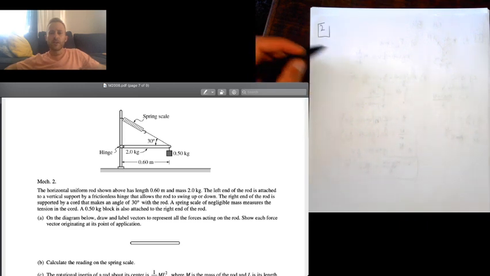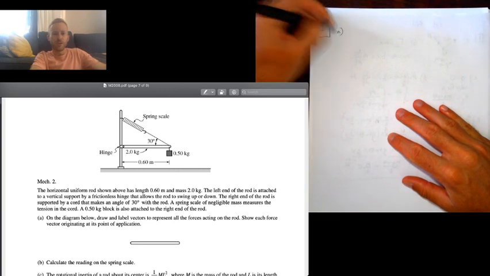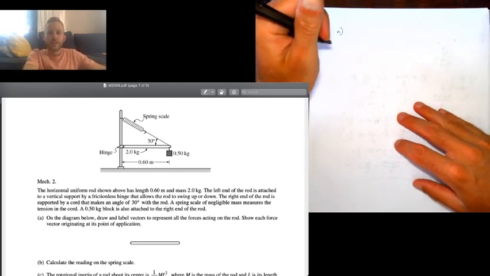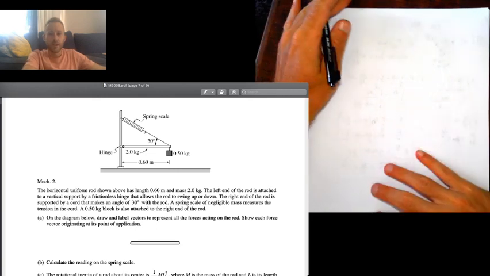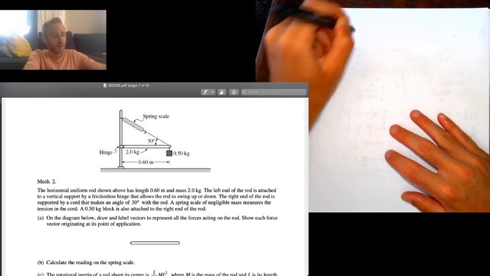The spring scale of negligible mass measures the tension in the cord. A 0.5 kilogram block is also attached to the right end of the rod. On the diagram below, draw and label the vectors to represent all forces acting on the rod. Show each force vector originating from its point of application.